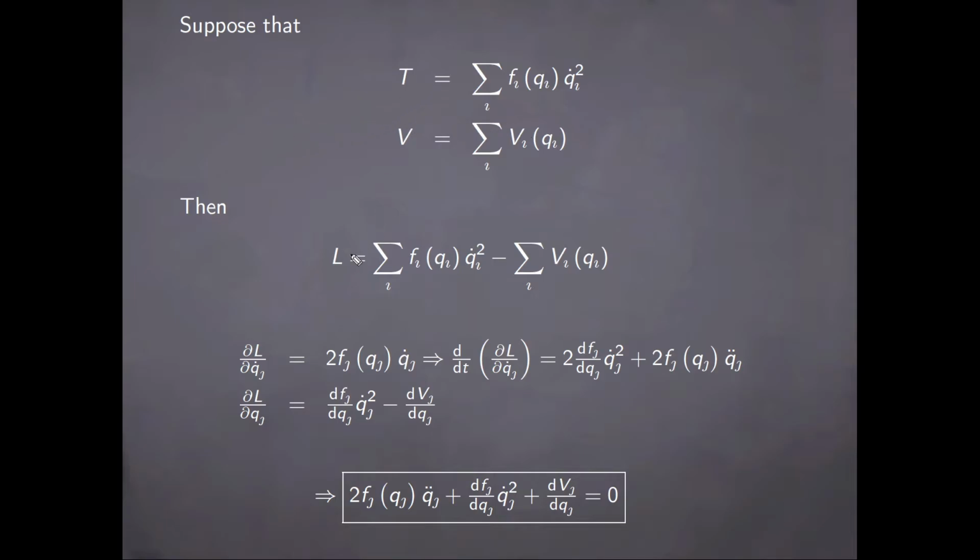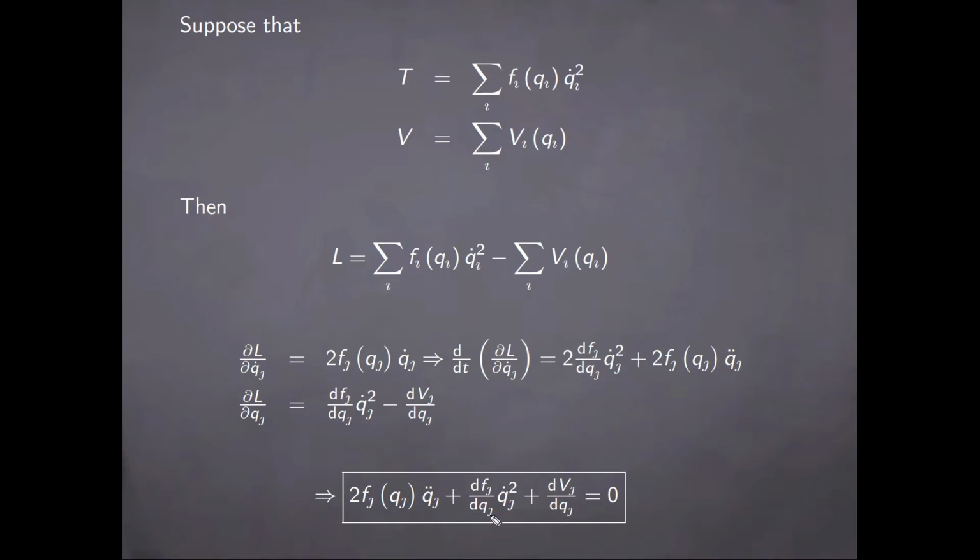Then in that case, the Lagrangian is obviously given by the expression here, and we can immediately work out the Lagrange equation corresponding to a given generalized coordinate qj, and the result is the one here, which involves the derivative of the function Vj contained in the total potential with respect to qj.